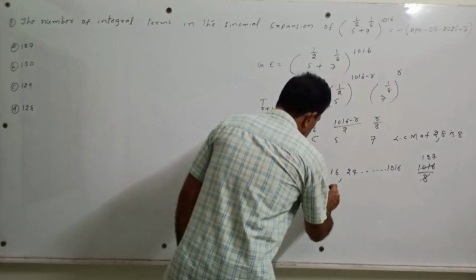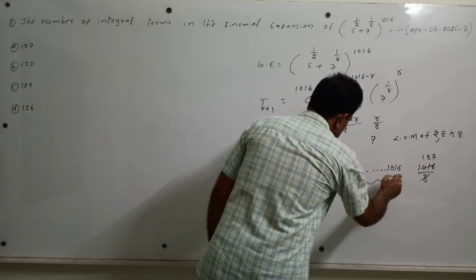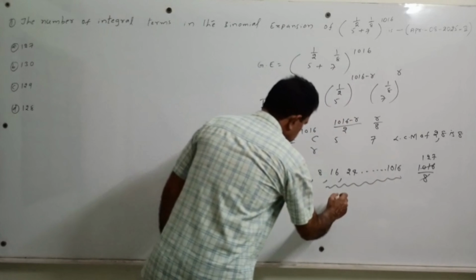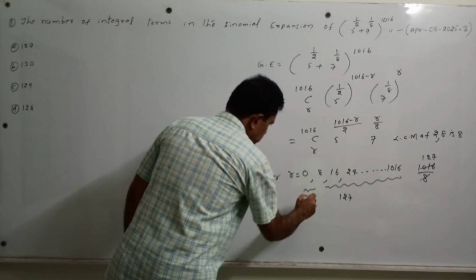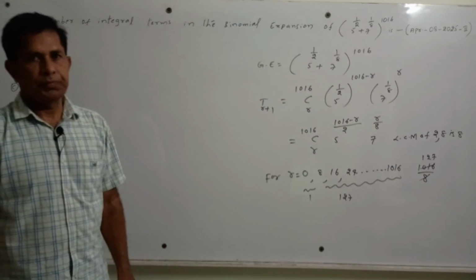The number of terms in this sequence is 127. Before that, one more term is there, r equal to 0.